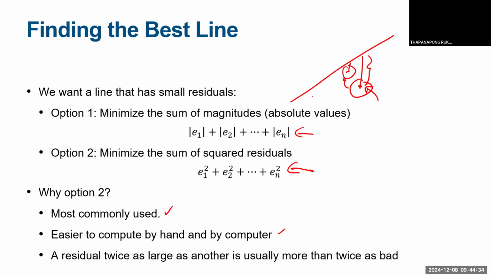So if I have two lines, and I have the furthest point, which is far away from the two lines, then I want to pick the line that is closest to it, even though the points in between change a little bit.